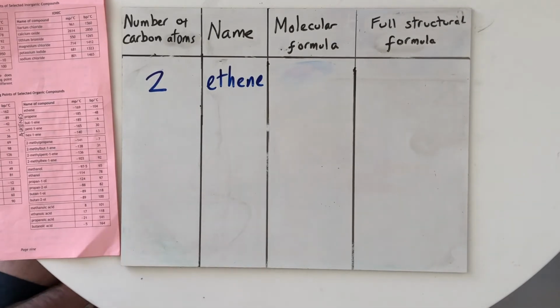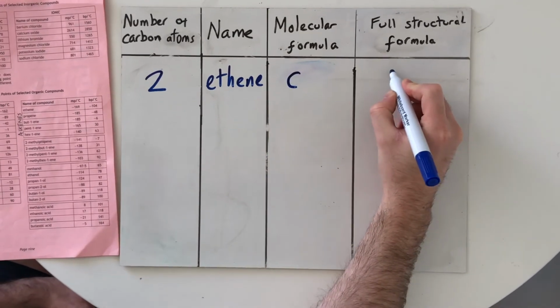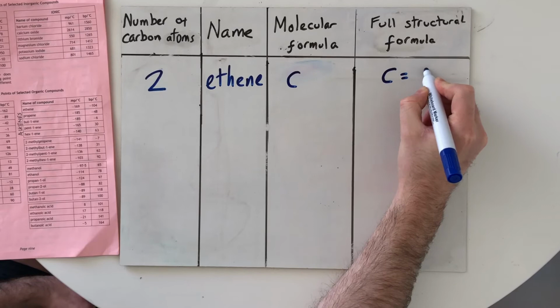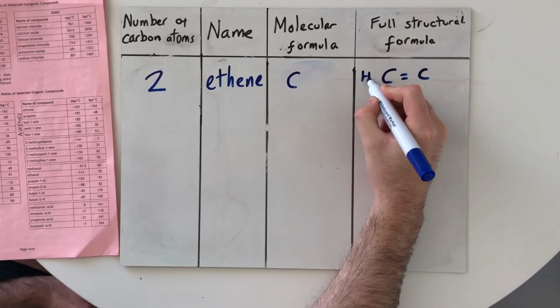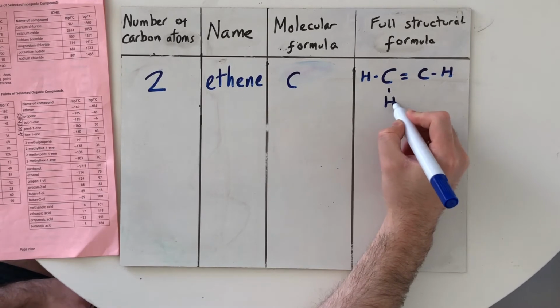So, with our alkanes, we doubled the number of carbons and we added 2 to get the number of hydrogens. However, because we have a double bond between the carbons, we've actually got 2 fewer hydrogens in the alkene compared to the related alkane. So let's draw 2 carbons over here, and 4 hydrogens.